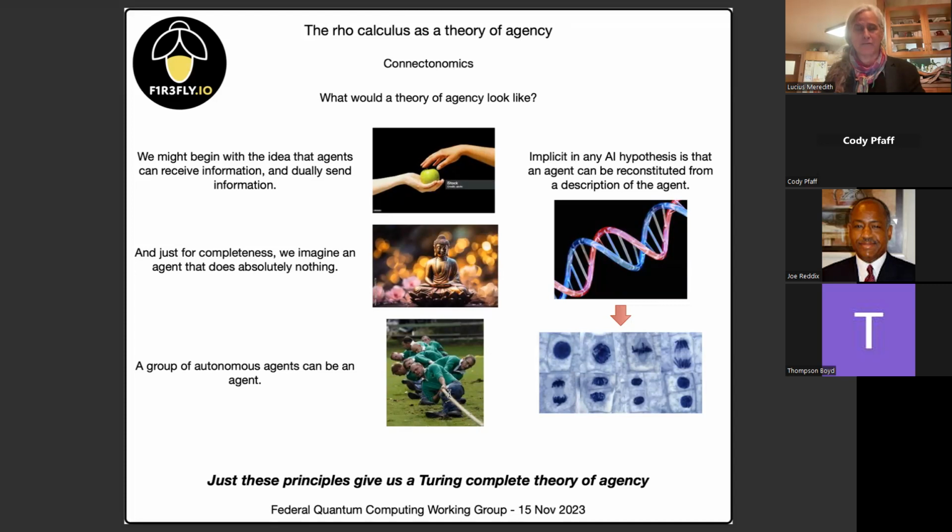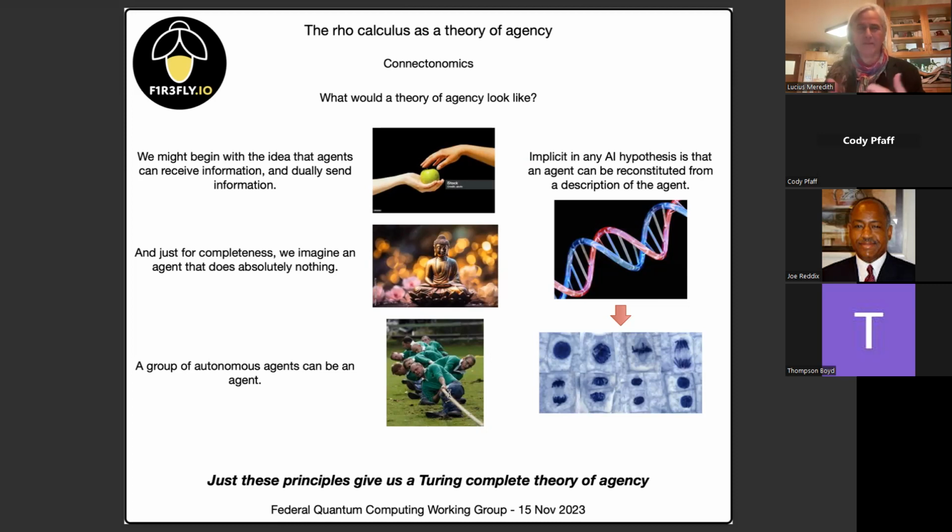That's core to what agents do. And then, to make things complete in a different way, we should also think about agents that do absolutely nothing, so agents that have a sense of stillness or emptiness or silence.